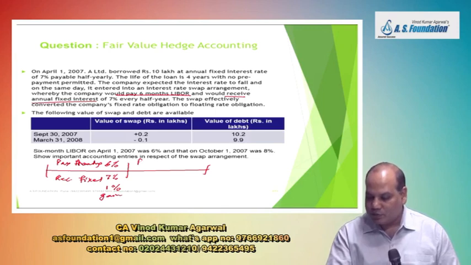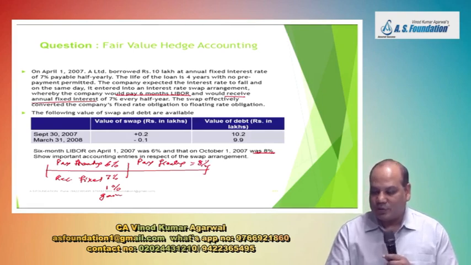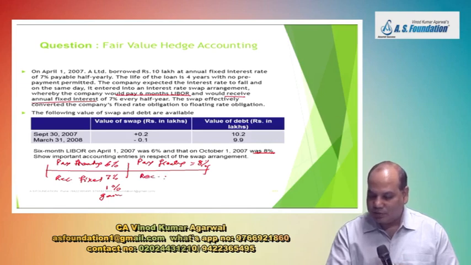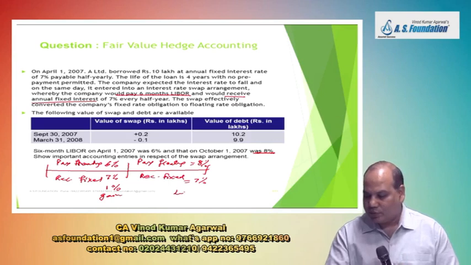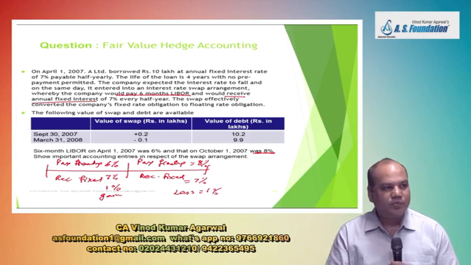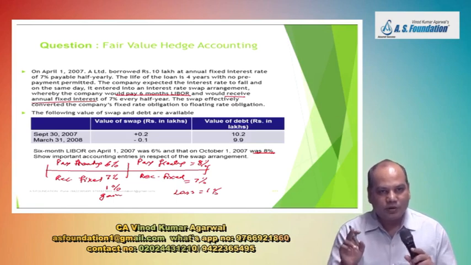What happened in the next 6 months? We will pay floating, and the floating rate is equal to LIBOR, and the LIBOR in the next period has risen to 8%, but the other party will continue to pay us a fixed rate of 7%. So dear student, now we'll have a loss of 1%. Is it right? Think about it. First 6 months, we will pay 6%.